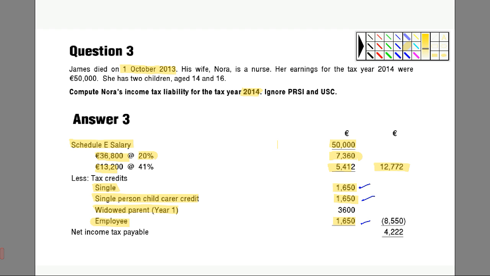Now, what I would expect them to do in the exam is to perhaps make it even more complicated. In other words, to say to you something like, rather than the individual dying in 2013, maybe they died in 2011. So what you'll have to do, obviously, is start from, let's say, 3-6, we know that that's year 1, and say, well, if 3-6 is the starting point and he died in 2011, what was year 1?